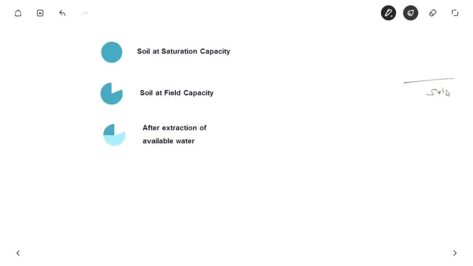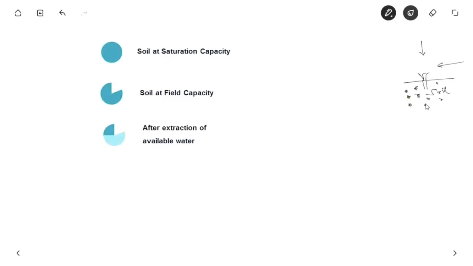As in the last slide we saw the soil, the plant, and the root zone, and we apply irrigation water, or there are some rains. So these are the pores in the soil. If all these pores are filled, it cannot hold any more water.